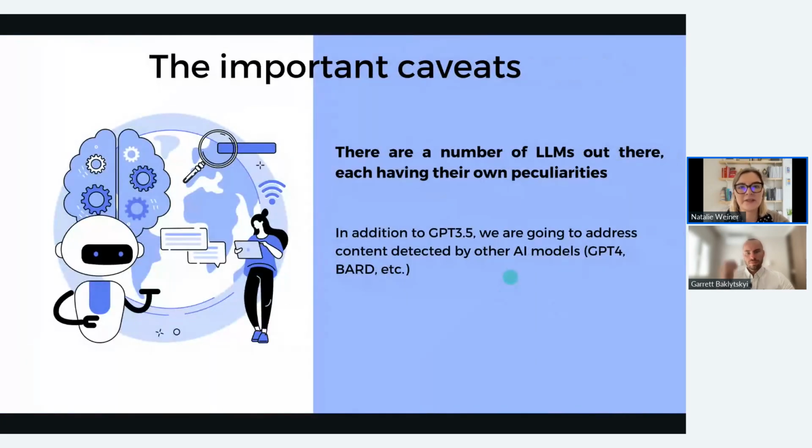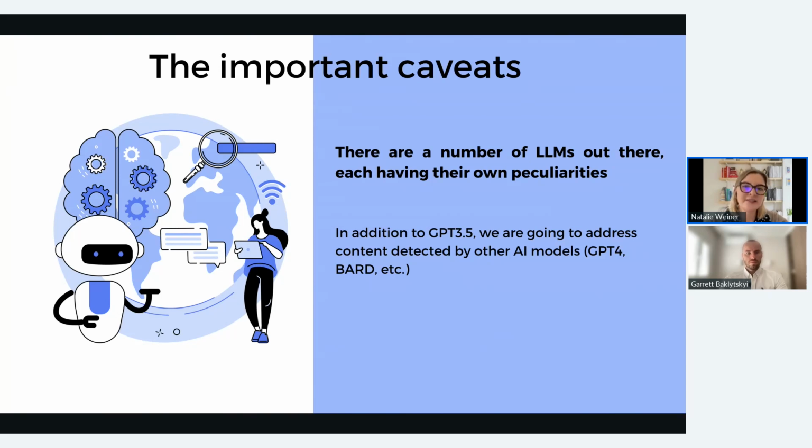So another point is that there are a number of large language models out there apart from ChatGPT or the other, like GPT 3.5, which is the same thing. There is no secret that in this solution we mostly addressed ChatGPT output because this was the most hyped up model and the most popular one.